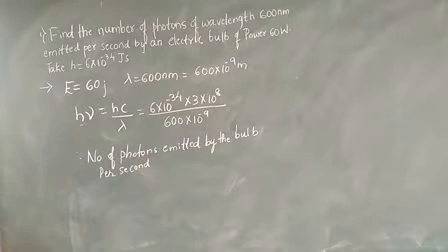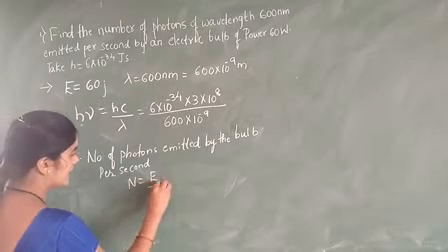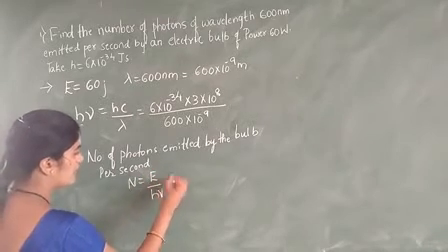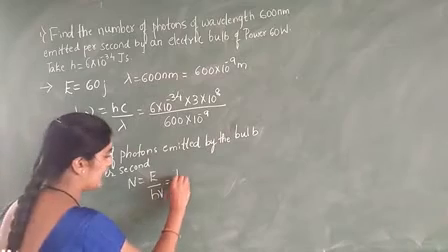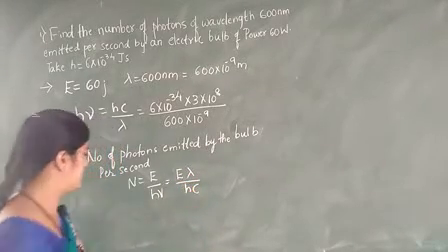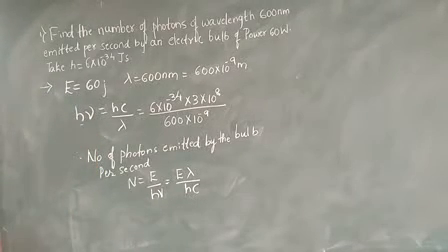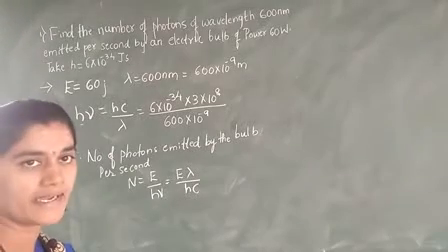Here we have to take the formula N is equal to E divided by h mu, or we can write this as E lambda divided by h into c. N is equal to E divided by h mu, or this can also be written in the form of E into lambda by h c.